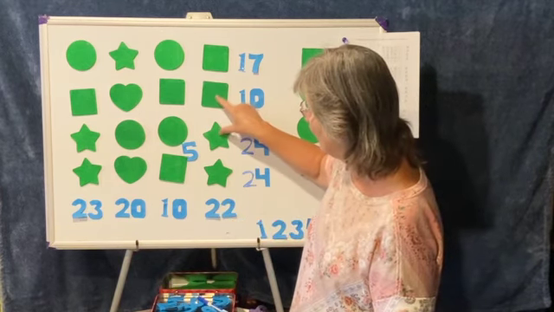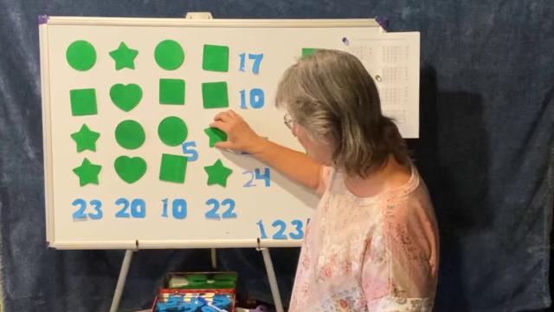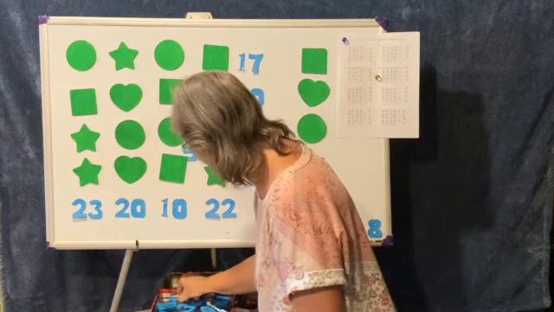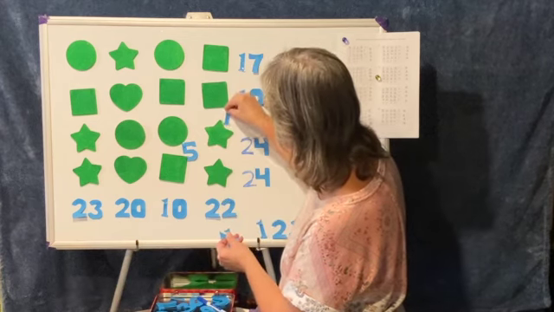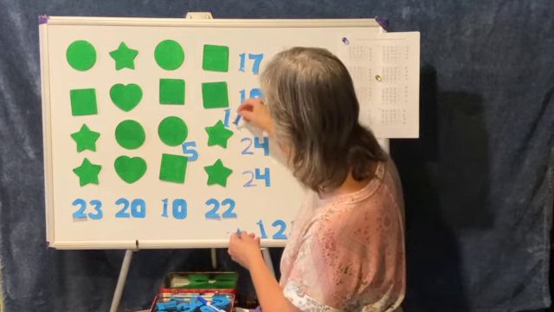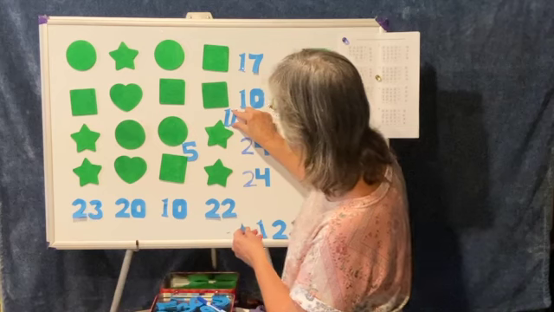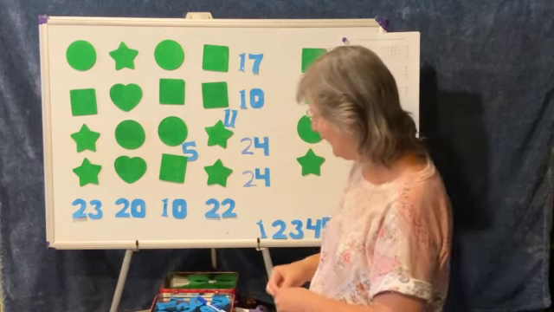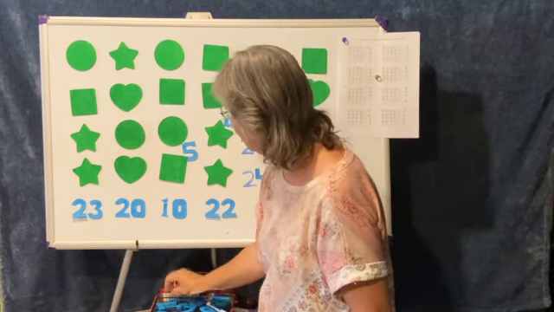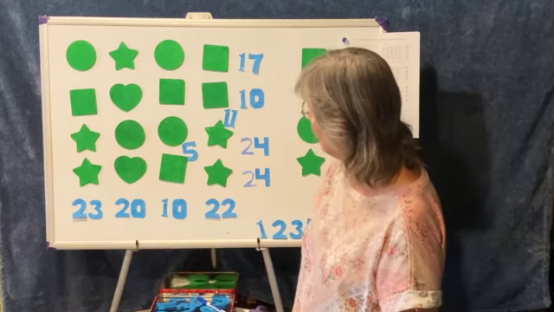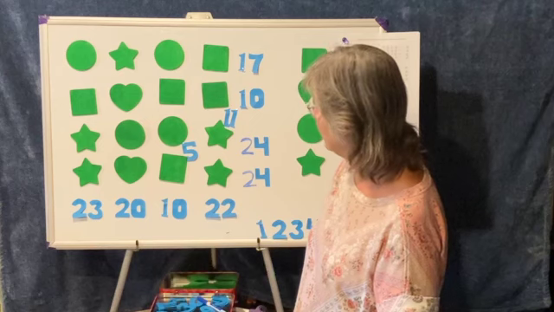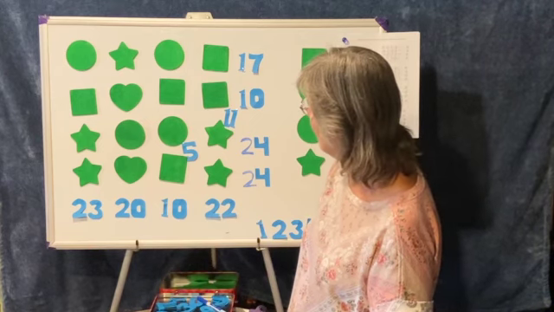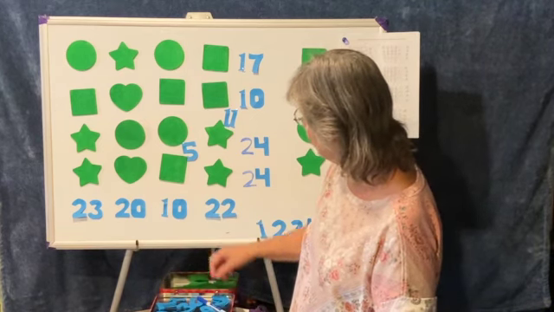So a square and a star is going to equal 11. All right, so we will put a little 11 right here by the square and the star. Let's see if we see any other pairs. I do not. So let's start using what we have here.